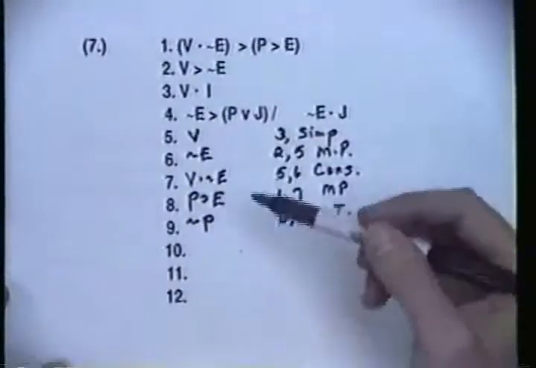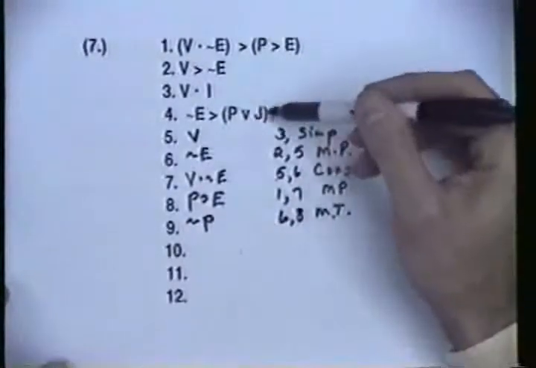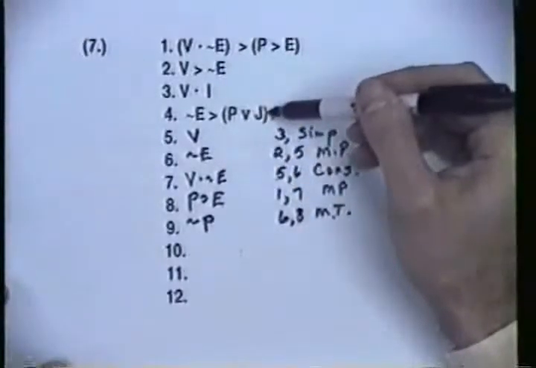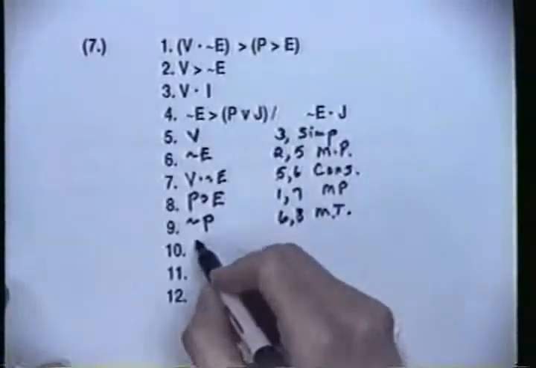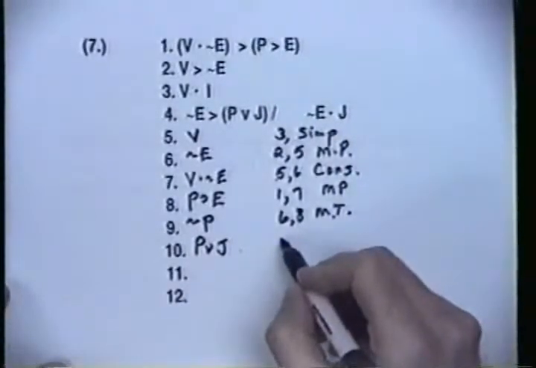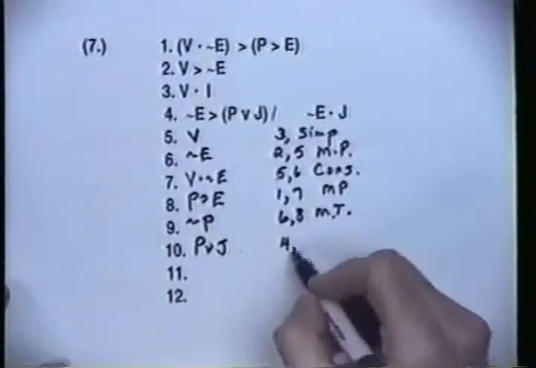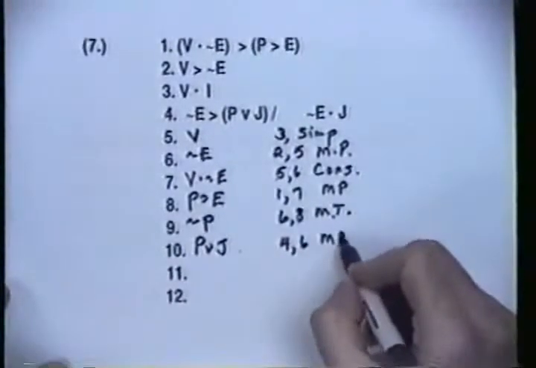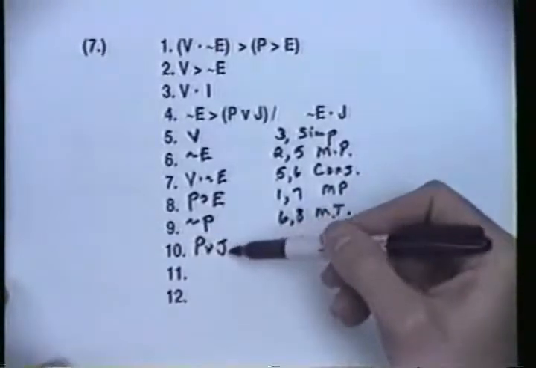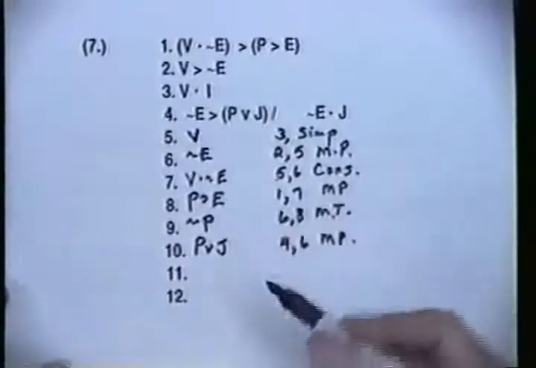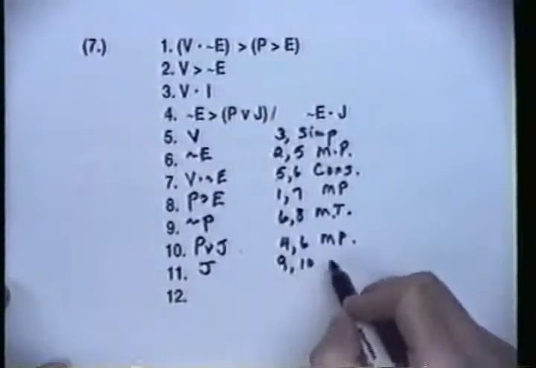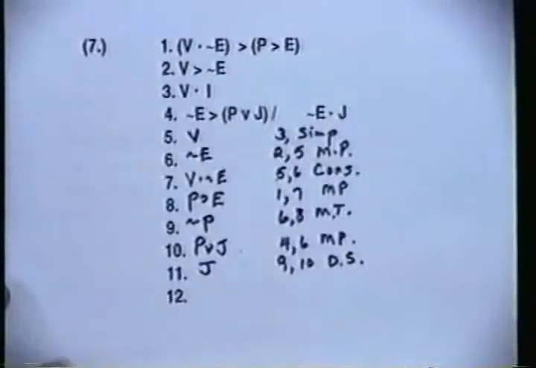Well, remember, we've got P or J here, and we already have not E, so we can do modus ponens first on line 4 to give us P or J. Okay, and that is lines 4 and line 6, modus ponens. The not P negates this disjunct, and therefore we're allowed by disjunctive syllogism to infer J. That's 9 and 10, disjunctive syllogism.